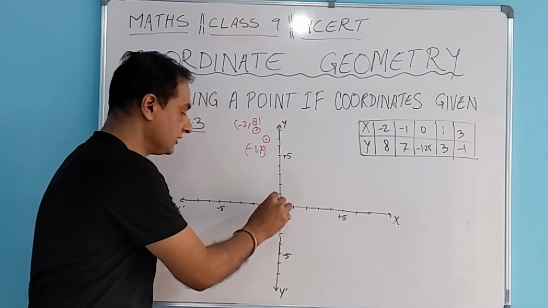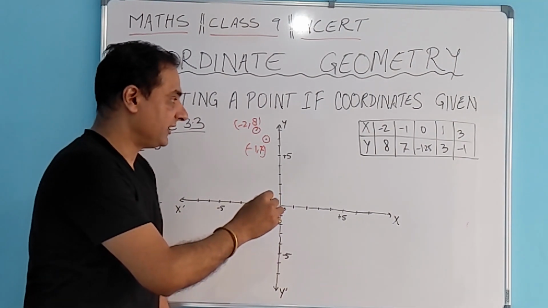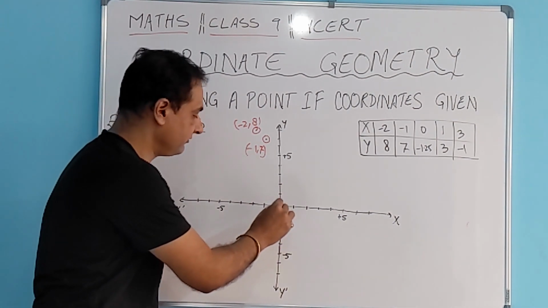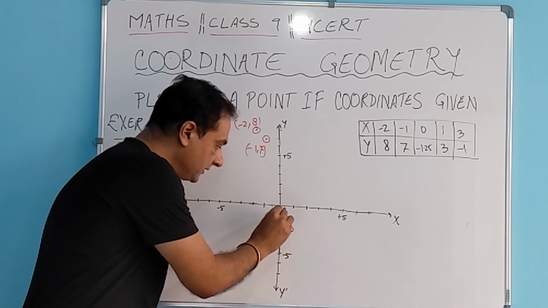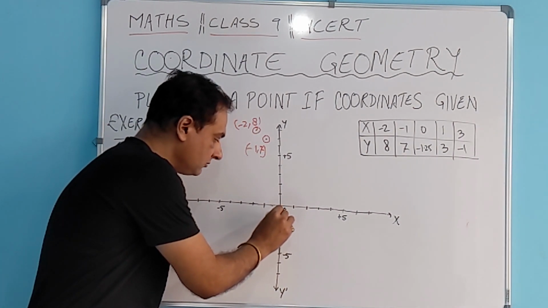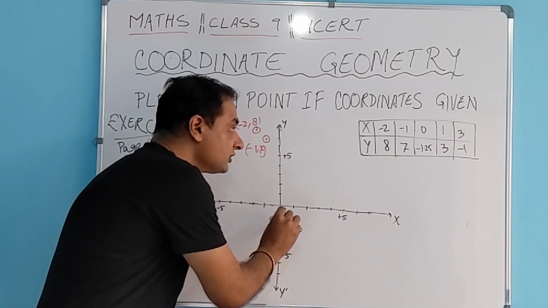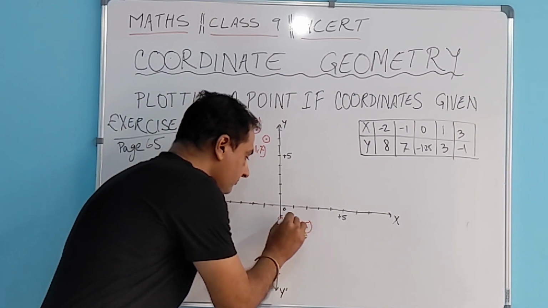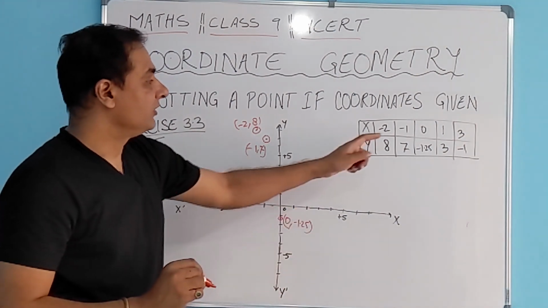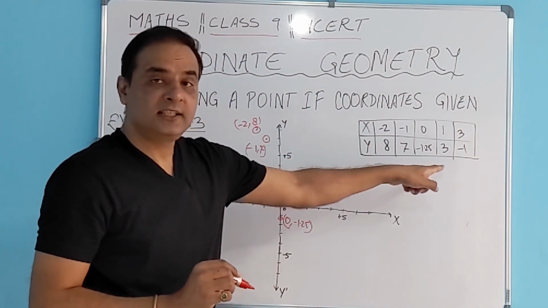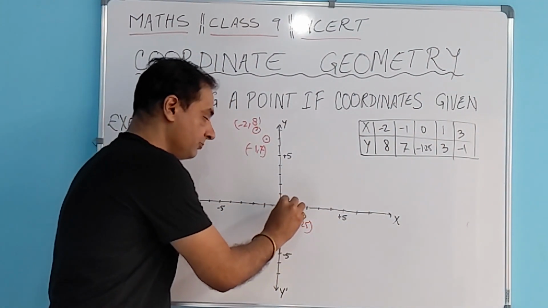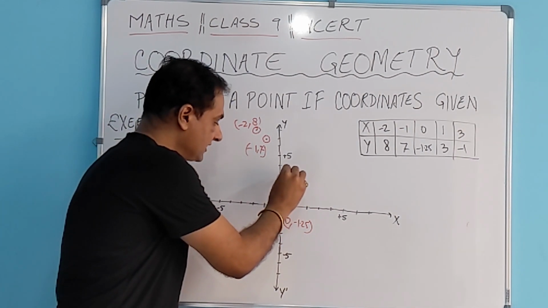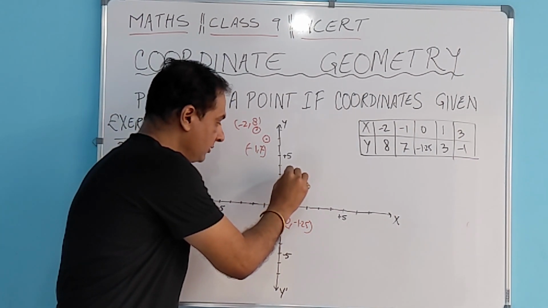Third point is (0, -1.25). 0, it will lie on the y-axis, and then we go -1.25, a little bit far away from 1, which is -1. So it is (0, -1.25). Here it is. We go to the fourth point, (1, 3). +1, and then we go in the positive direction, which is 3, 1, 2, 3. We plot it here.